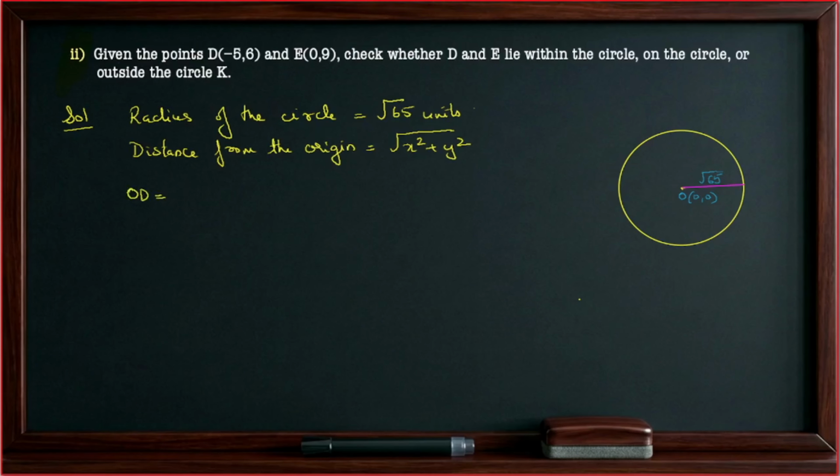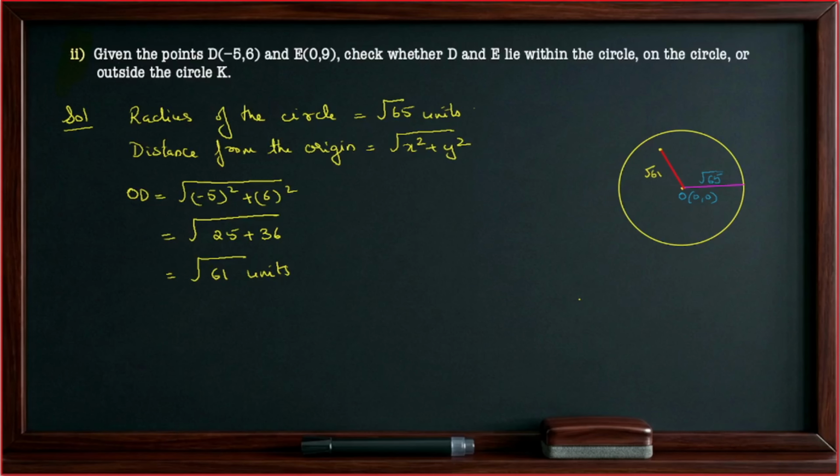So using this formula, first we'll find OD. OD is equal to root, see here we have the coordinates minus 5 and 6. Okay, so we can write it as (minus 5) the whole square plus 6 the whole square, which is equal to root 25 plus 36, which is equal to root 61 units. Now if you look here in this circle, the radius of the circle from the center to this point is root 65, but this point D is inside the circle, and its distance will be root 61.